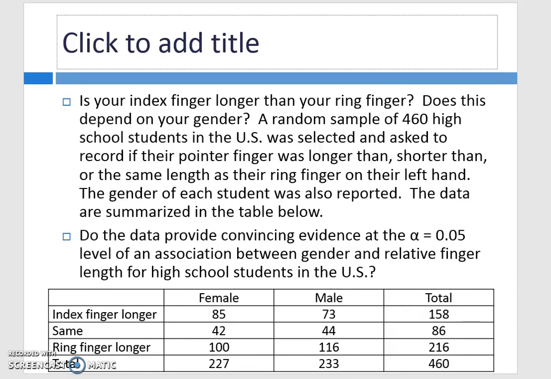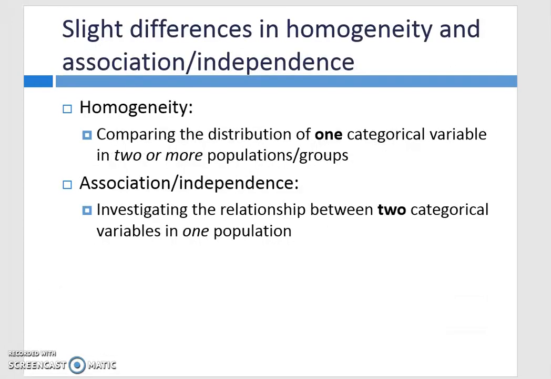Now this is nice because it gives us a hint in the question about which test we want to use. It says, do the data provide convincing evidence at the significance level of 0.05 of an association between gender and relative finger length for high school students in the U.S.? So this is a call for association. Why does that make sense?